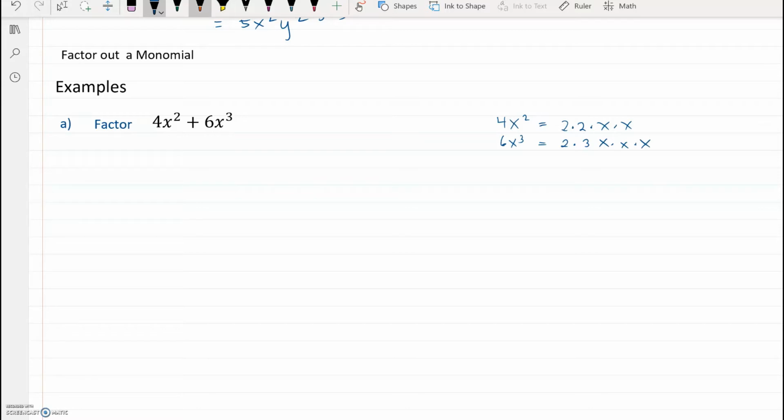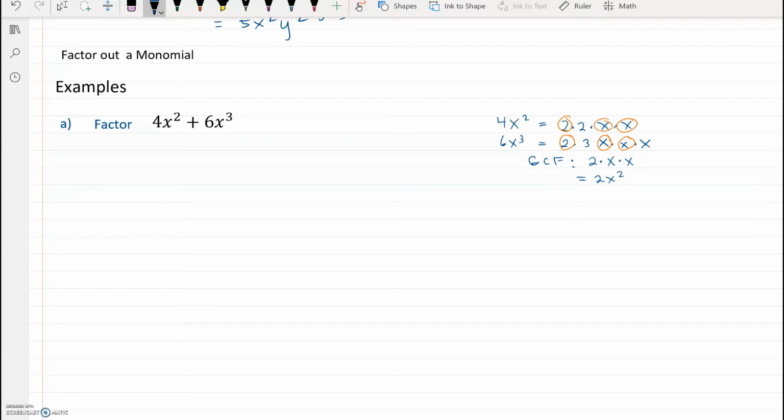So for the common factor, we look at what they have in common. They both have a 2, not 3's. They both have x, x. So for the greatest common factor, that would be 2 times x times x, and that's simplified as 2x squared. So that's where we're going to begin, getting the greatest common factor.